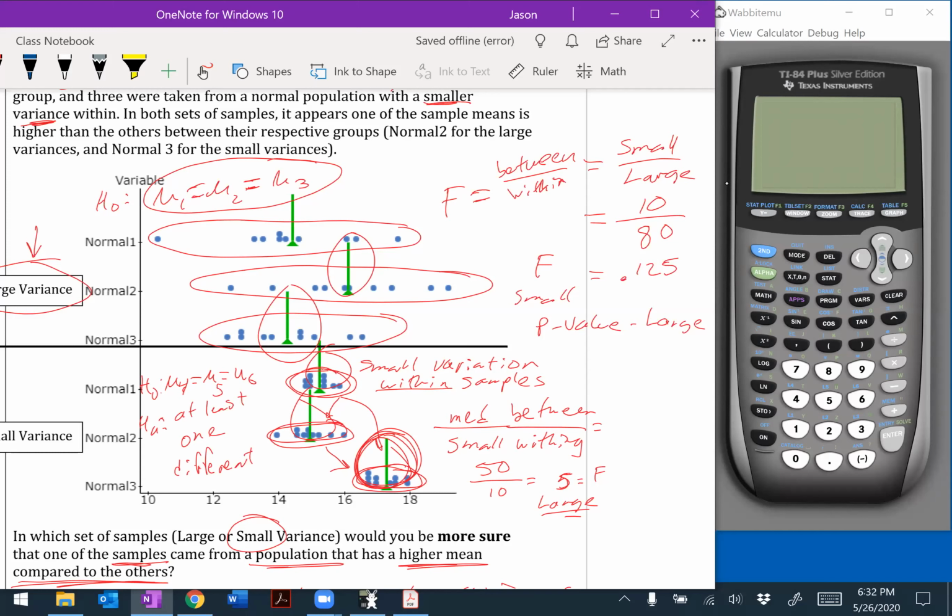So in this case, I would reject my H0. Reject that H0, and I would accept the alternative, that at least one is different. And which one's different? This guy here. One of these things is not like the other. One of these things just isn't the same. This one is a little different.